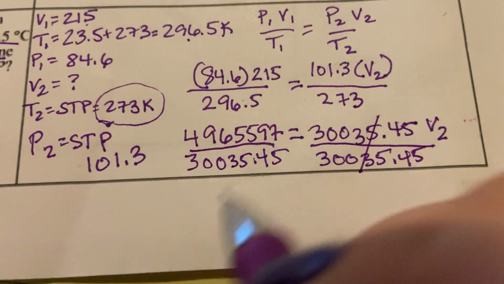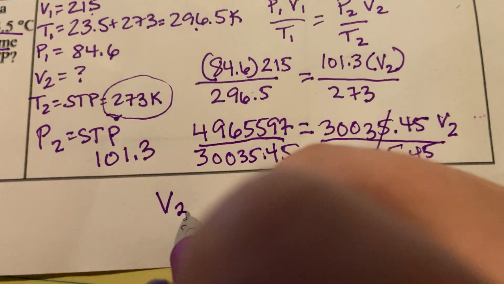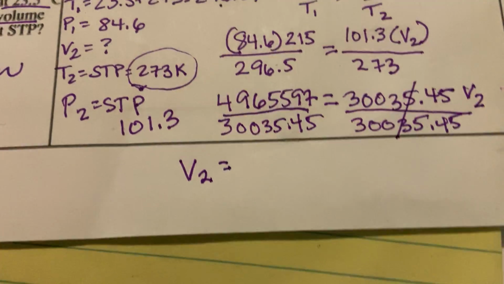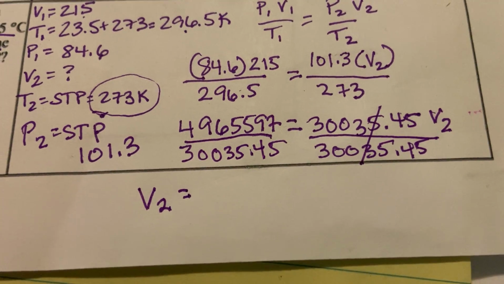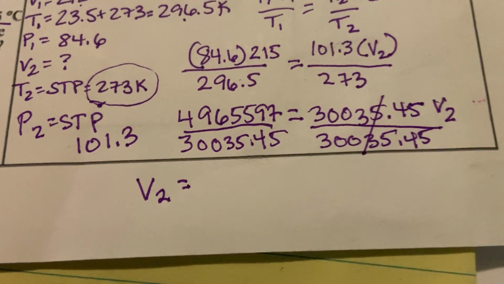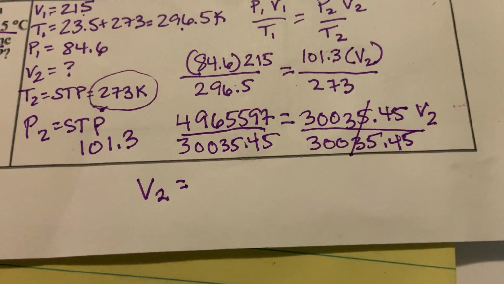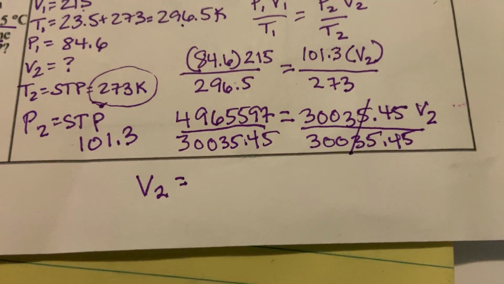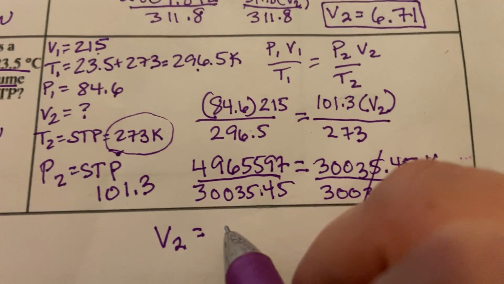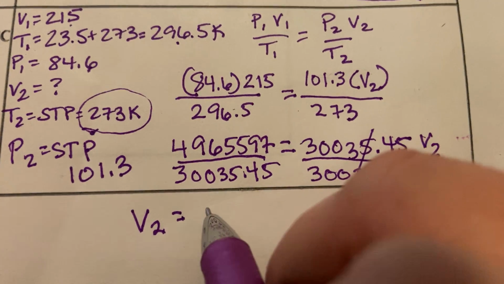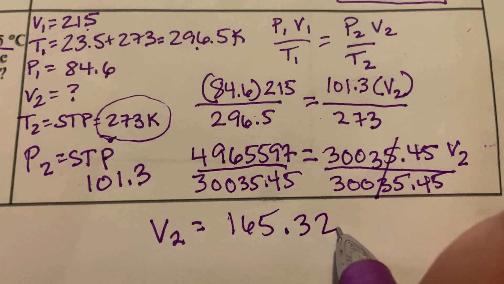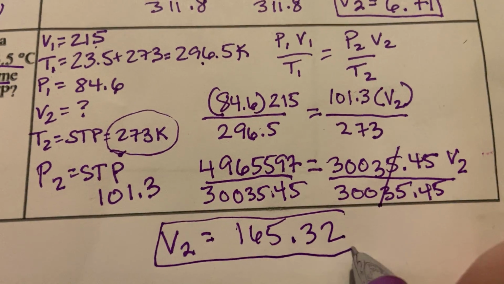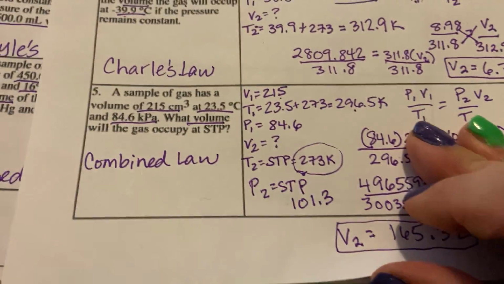So we can mark that out, and V2 is going to equal, type that in again just to make sure, dividing, and I should get volume 2 equals 165.32. Okay, so check me if I made a mistake on that one.